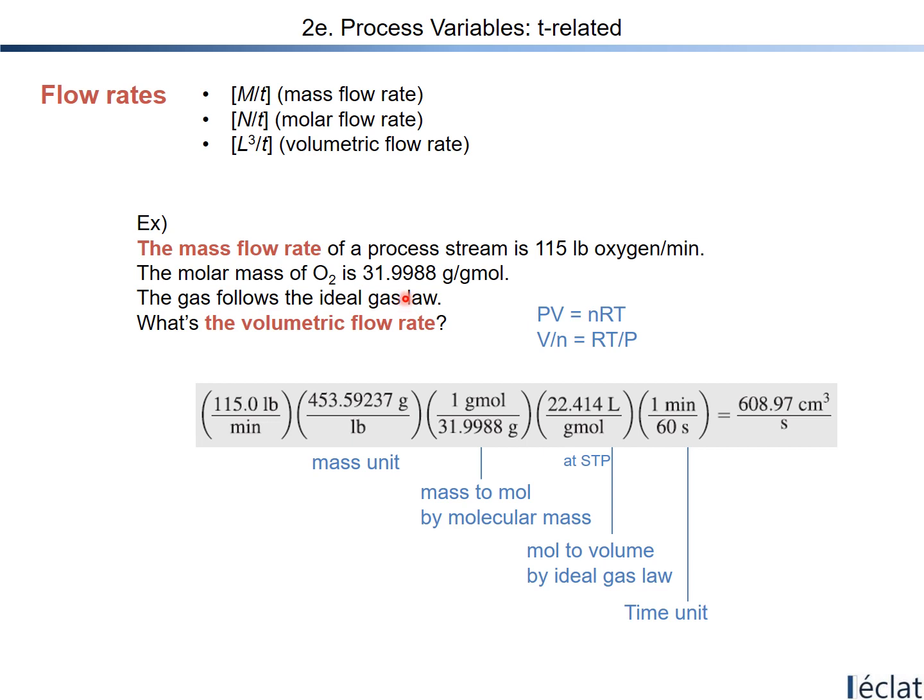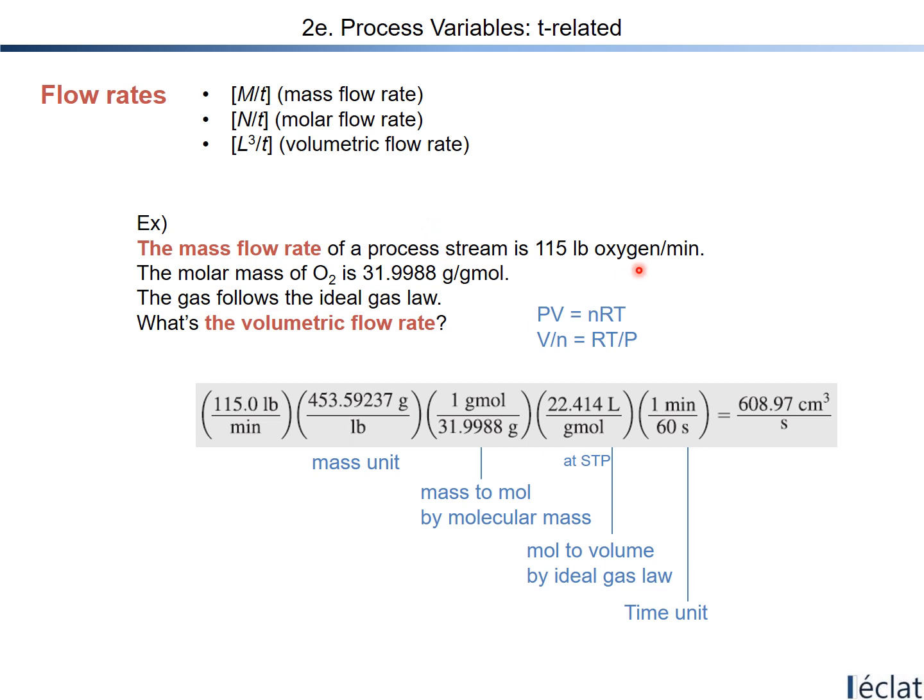Anyway, we could use a very complicated equation of state instead of the ideal gas law, but in this course we'll use the ideal gas law for gases. It means we assume that all gases behave according to the ideal gas law. My question in this example is, what is the volumetric flow rate?